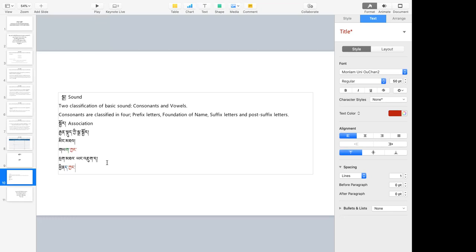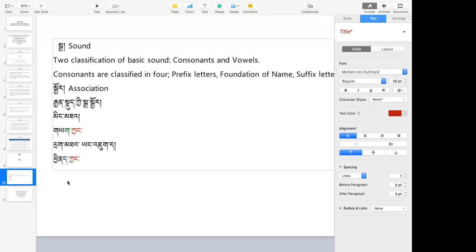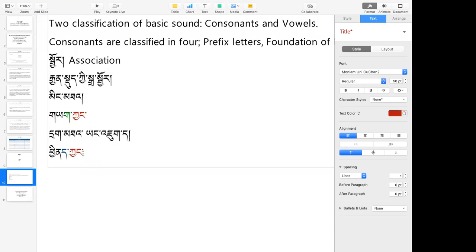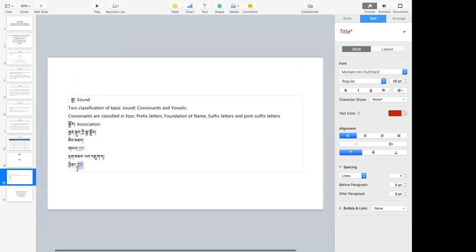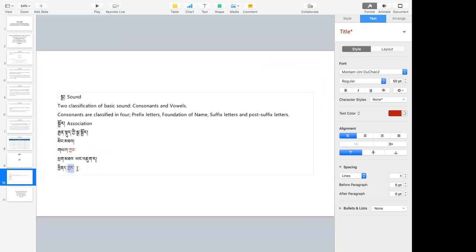So we see that the usage is in this way because of the presence of the post suffix letter ta here. Because we have the post suffix letter ta here, it is followed by kyang. And we have already discussed this in previous classes where we said that post suffix letter ta is used in the imperative case, imperative command or imperative request.